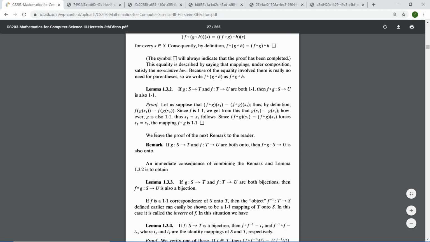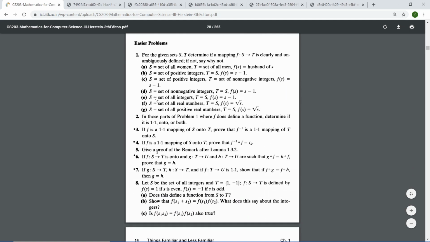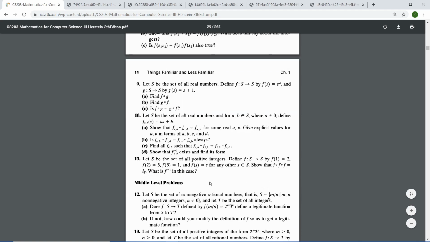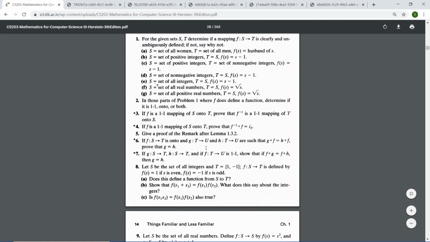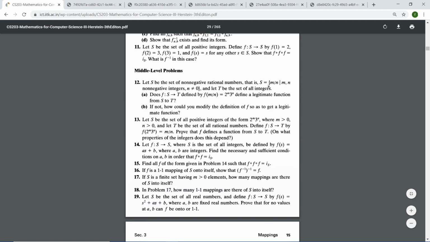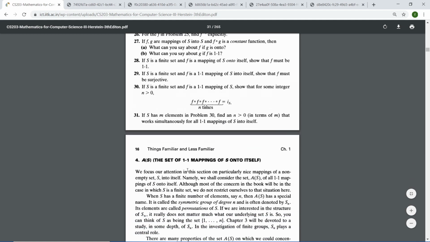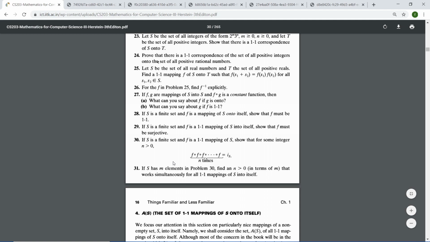Hold up, we leave the proof of the next remark to the reader. And on the problems there are also some which give a proof of the remark, so I think I'm just going to do the problems. If you see, there are a lot of problems: 11 easy ones, then 10 medium ones, and then 14 hard ones.